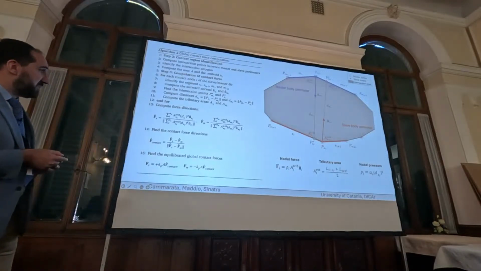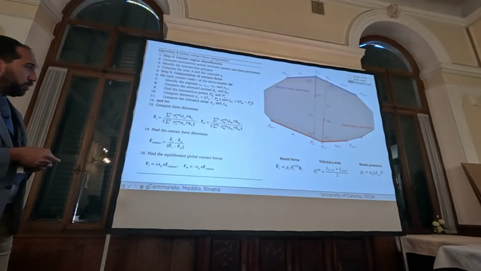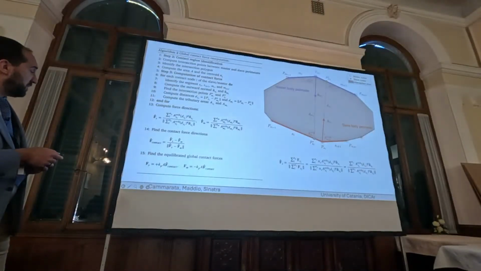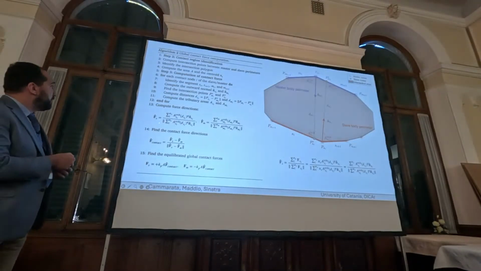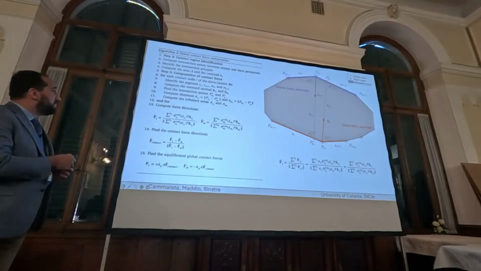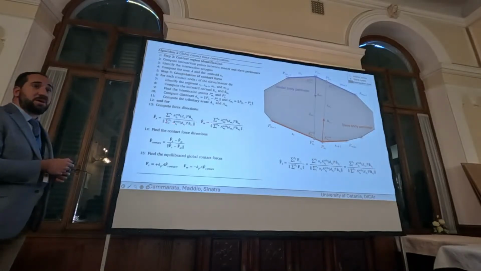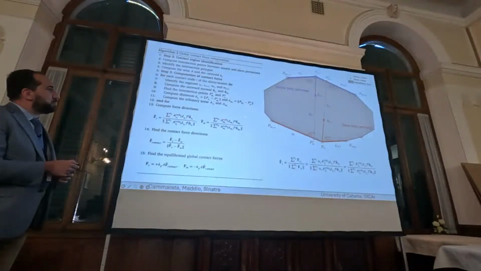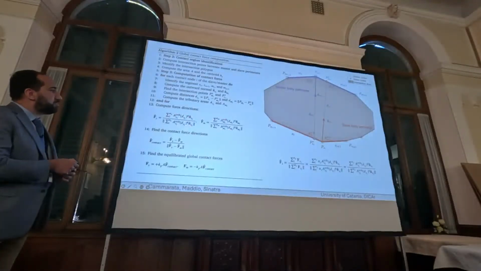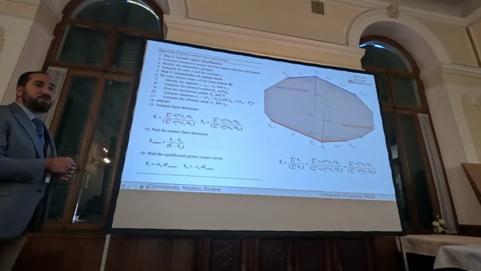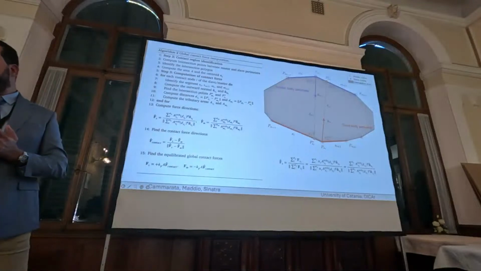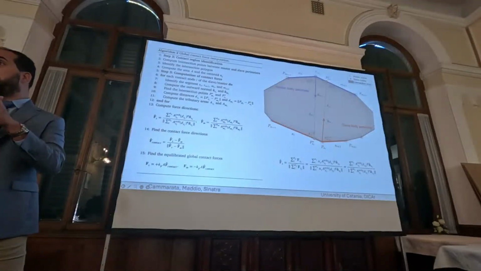So what happens after this? We can calculate the direction for each body, so for the slave and for the master, as we have to sum all the contributions for each point, and we have to normalize. But if you perform this operation, what you obtain is that Fs is different from Fm, slightly different.